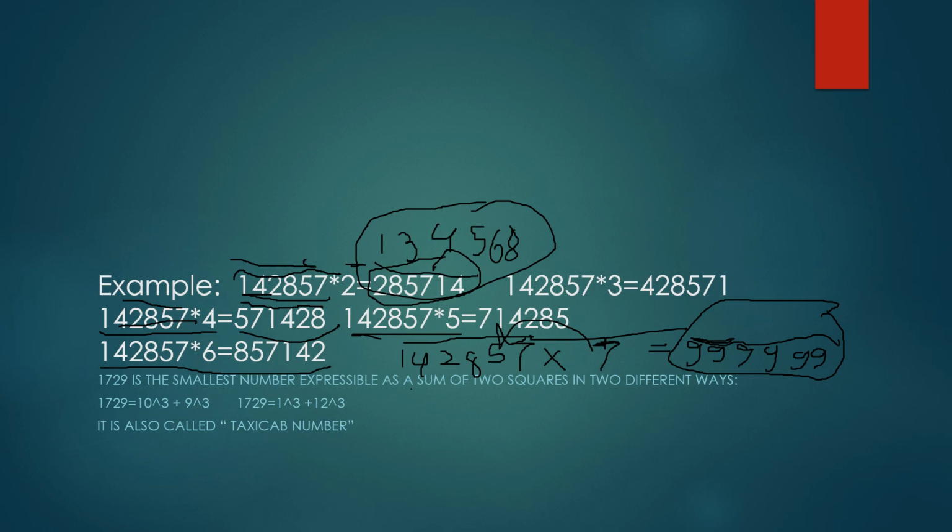That's all. And this is the smallest such number. The next cyclic number, well, I don't remember now, but it would definitely be larger than this.